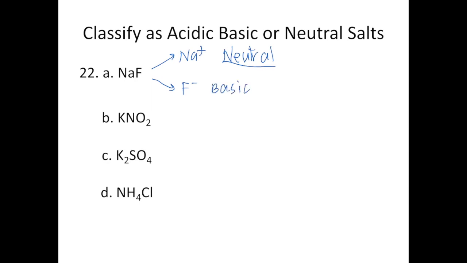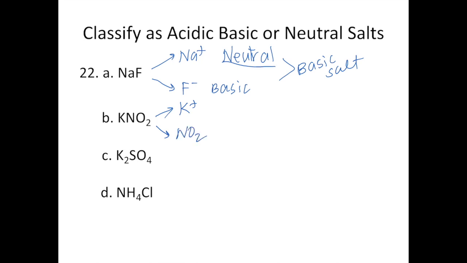And so overall, this is a basic salt. The sodium's neutral, it does nothing, but the F minus came from a weak acid. It forms a strong base in solution, so it's going to be basic. I'm going to do one more and then you can do the other two.